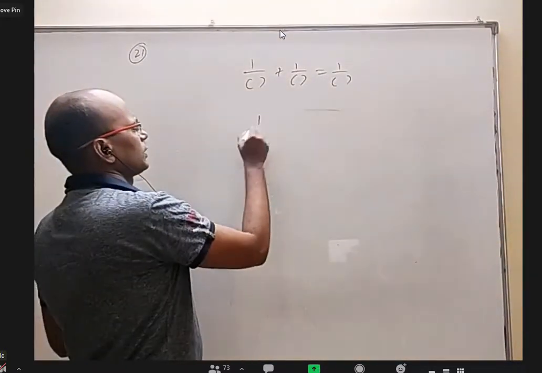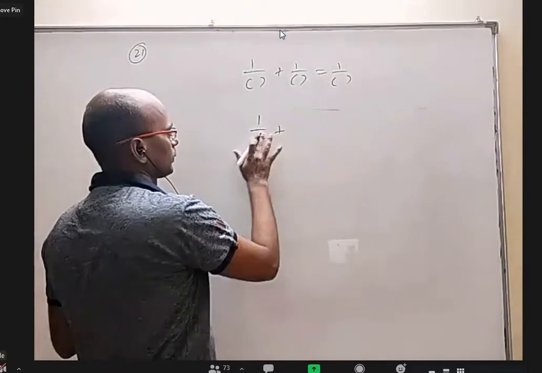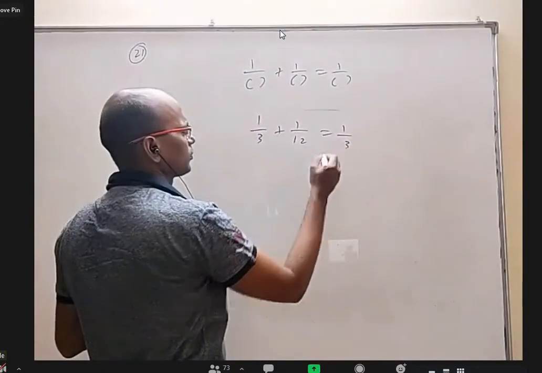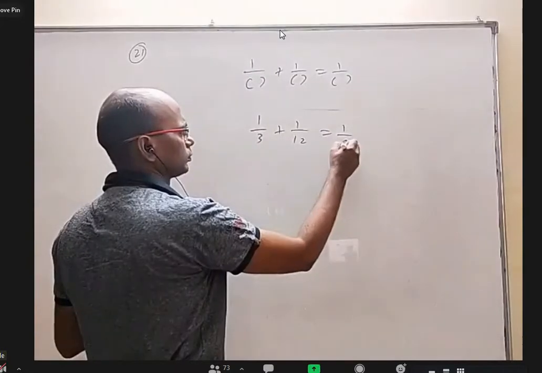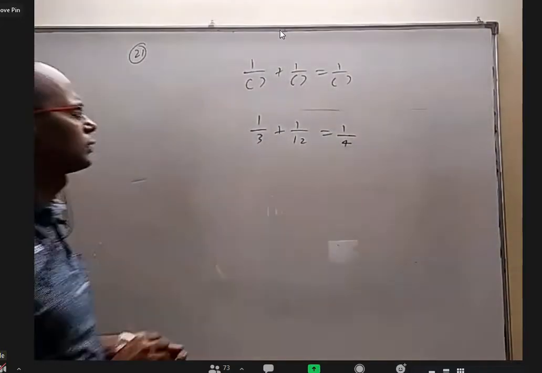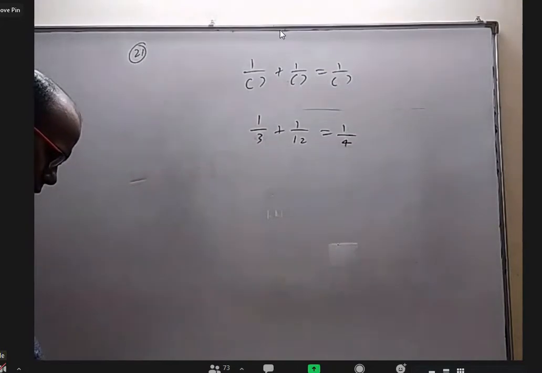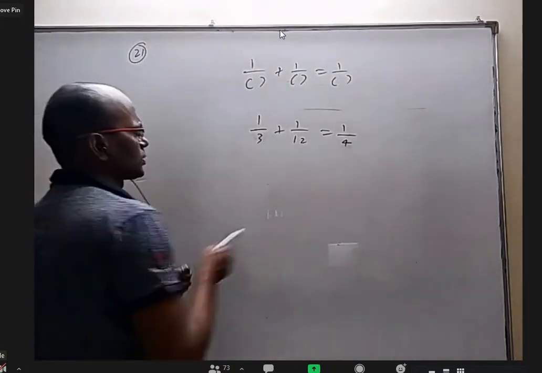For example, I think I can write 1 by 3 plus 1 by 12 is 1 by 4. Is it right? No. 1 by 6.